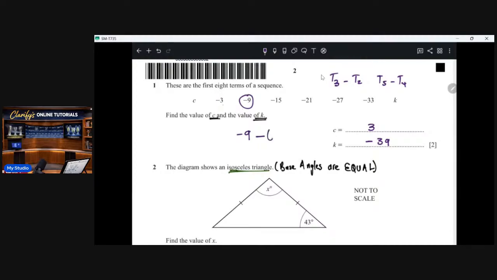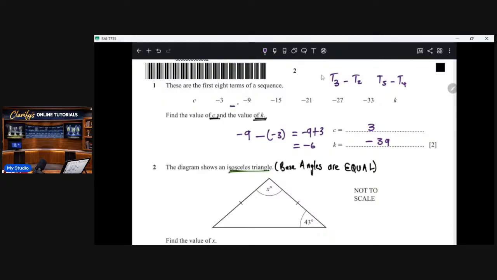So you subtract -3 because that's the 1. Don't make mistakes because of negatives. It's -9 minus -3, which is -9 plus 3, because minus is a plus. And we found that this will be a -6.